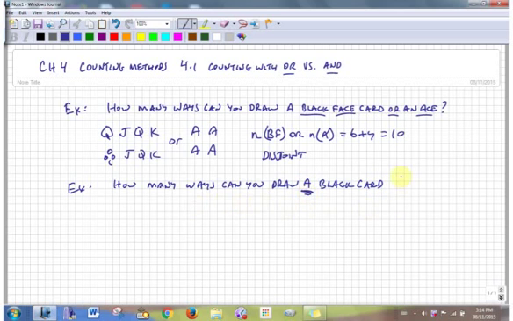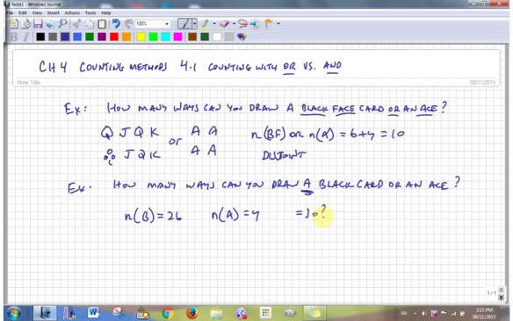How many ways can you draw any black card, or an ace? Okay, well, we know there's 26 black cards, and there are 4 aces. So can I just say the answer is 26 plus 4 equals 30?